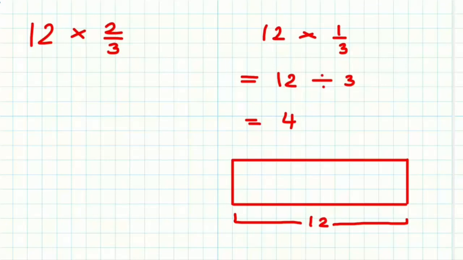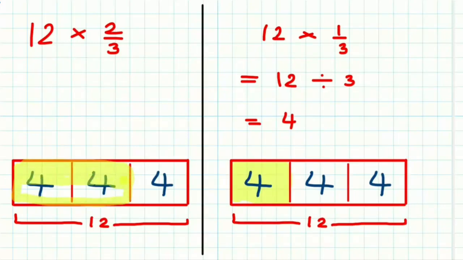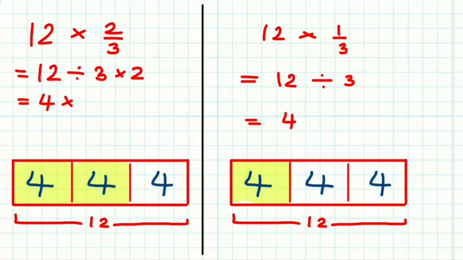Something like 12 times 2/3. Well, we know 12 times 1/3 would be 4, so 1 of 3 equal parts. If we do 12 times 2/3, we still have 3 equal parts of 12, but this time we count 2 of them, so that's 2/3. 1/3 is 4, which means 2/3 is going to be 8. 12 divided by 3 is 4. 4 times 2 is 8.